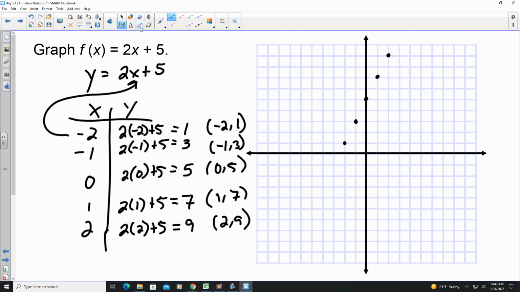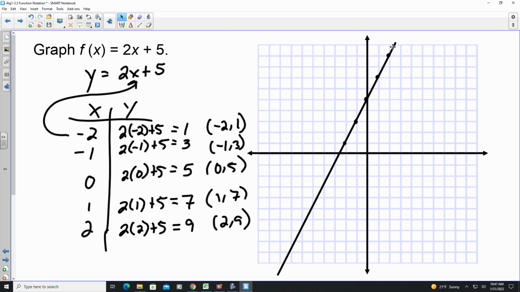Getting my straight edge, make sure that it hits every point. And that is a graph of f of x is equal to 2x plus 5.